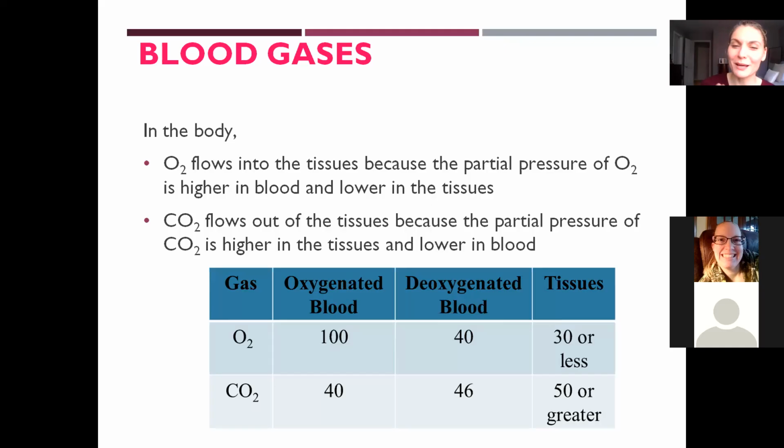The reverse will happen in the alveoli. When you're looking at deoxygenated blood, we don't really want that carbon dioxide anymore. We want to get rid of it, so we drop it off, and in return, we pick up oxygen. So we keep having these partial pressure changes back and forth, and that's what allows us to either pick up oxygen or drop off oxygen, with that transfer between our blood and our tissues.